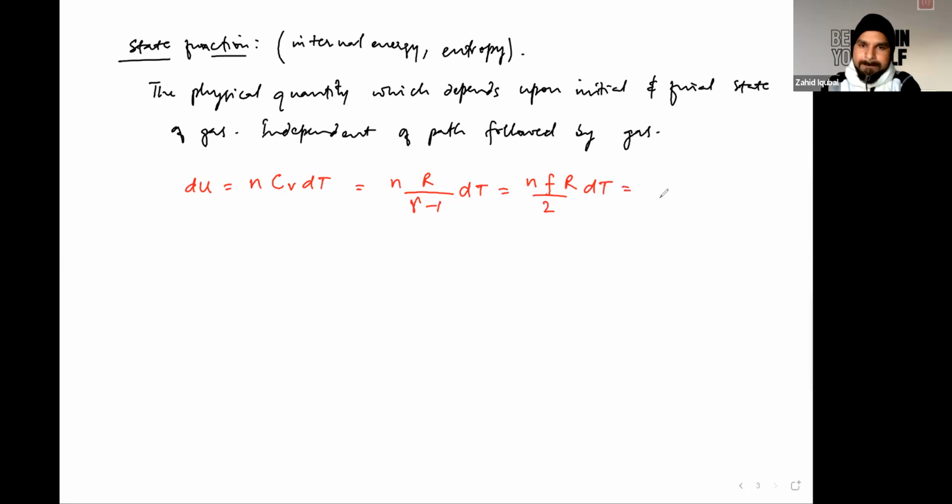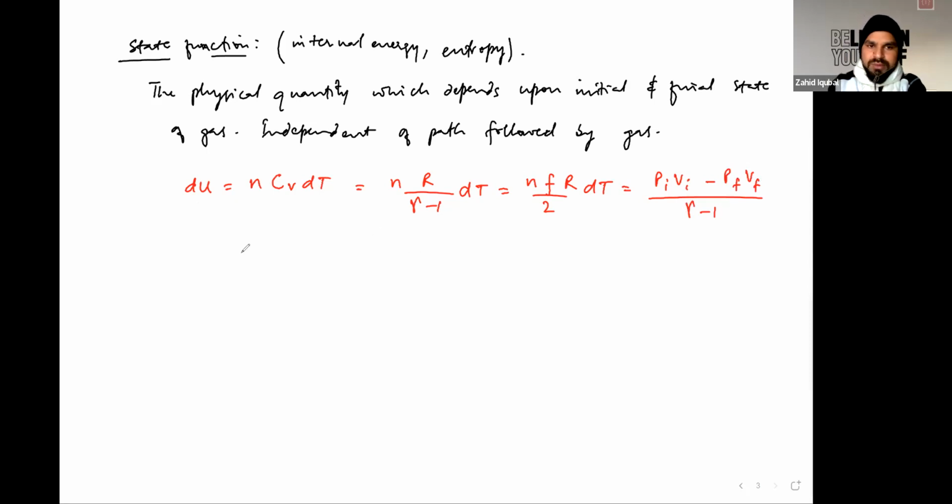Further, in terms of PV, using PV equals nRT, it is f by 2, or simply P initial V initial minus P final V final divided by gamma minus 1. According to different problems, we may use these different expressions to find internal energy.